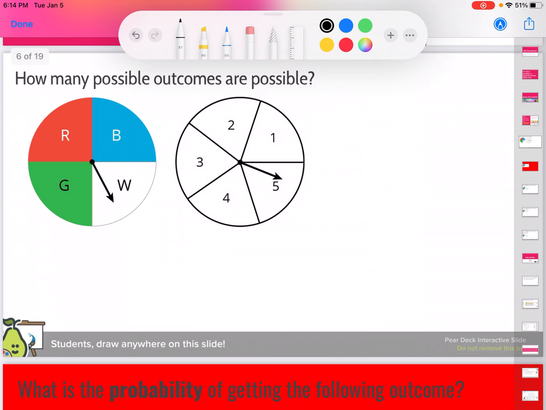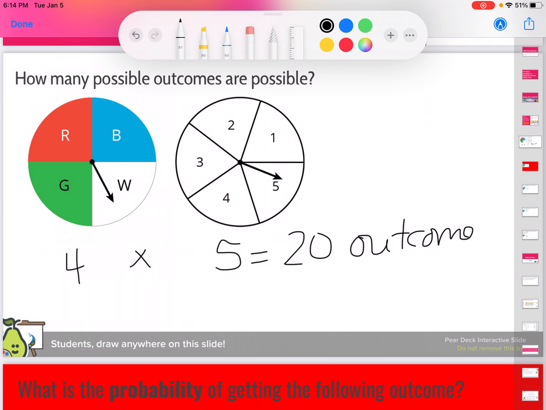chance. All right, so how many outcomes are possible? So if you remember when we did this before, there are 4 possible outcomes on the first spinner, 5 possible outcomes on the second, and we're going to multiply those to figure out all the total outcomes. So that's going to be 20 outcomes.